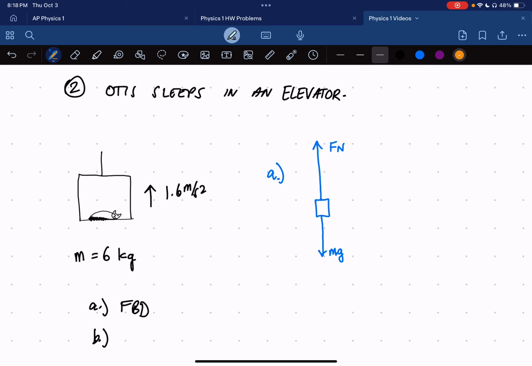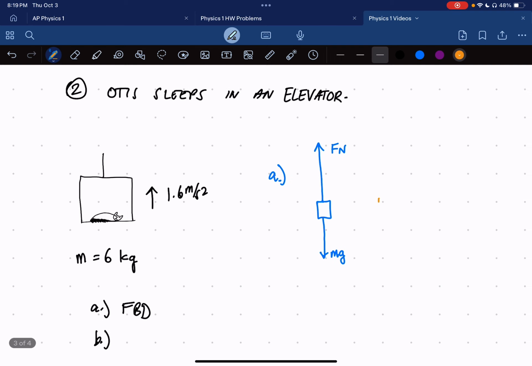Our free body diagram is done, and it is okay to do something like this. I do this all the time. I like to show that there is an acceleration upward, and that's why that force is larger. There is a net force on Otis, and so Otis will accelerate. That's Newton's second law. Now, be very careful with this.